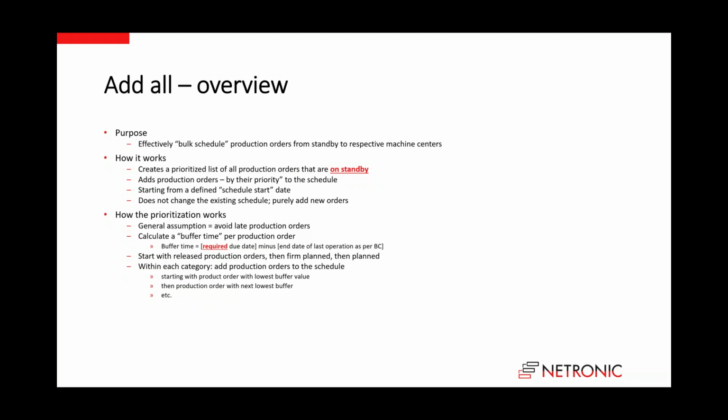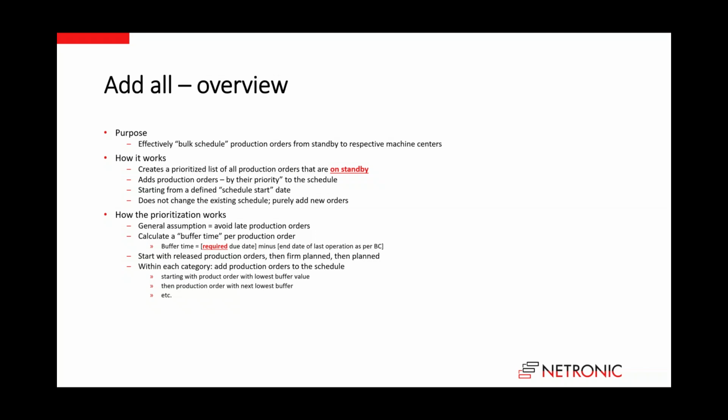For the buffer time, we take the required due date, not the due date from the production order, but the required due date that is part of the VAPS and that you can add and control as the user for every production order. From the required due date, we deduct the end date of the last operation as it is scheduled per Business Central.